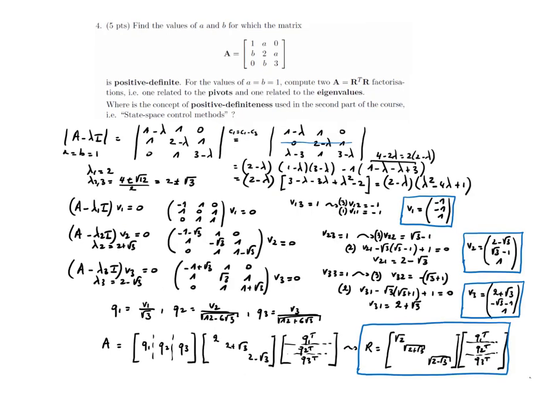So let us now compute this factorization R transpose R related to the eigenvalues. So we need to compute the eigenvalues and eigenvectors of this matrix with a equal to b equal to 1. So we need to compute this determinant. I won't go over the details of the computation, but this is what you should obtain.